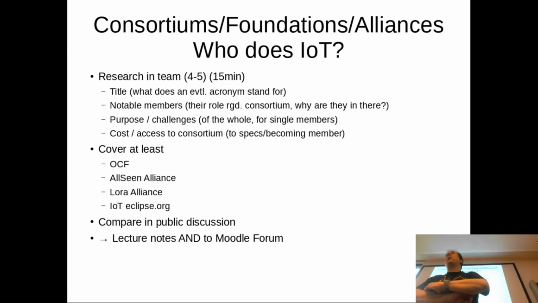But okay, so the LoRa Alliance, who is in there? Google Cloud, Google, okay. Cisco, IBM. All three are sponsor members. So that's the top level membership. And I also found ARM, but they are not a sponsor, they are contributor.